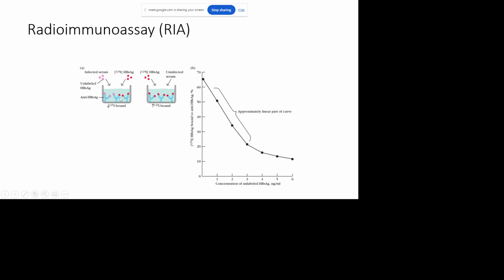So some of the antibodies will be bound to the radio level antigen, and some of the antibodies will be bound to the unlabeled antigen, which is from the infected serum, right? So it will basically reduce the bound radio level antigens. In case of negative control, you will use an uninfected serum.